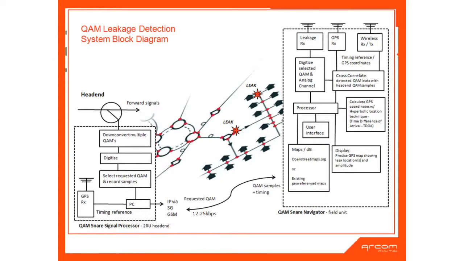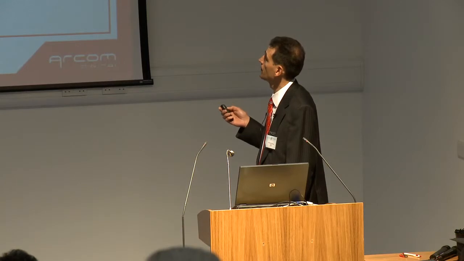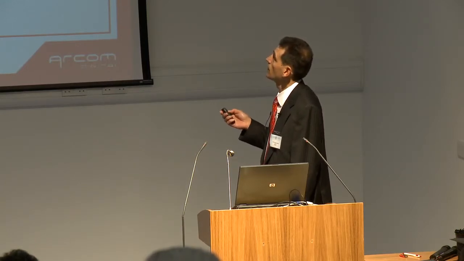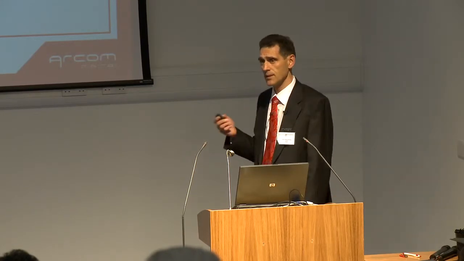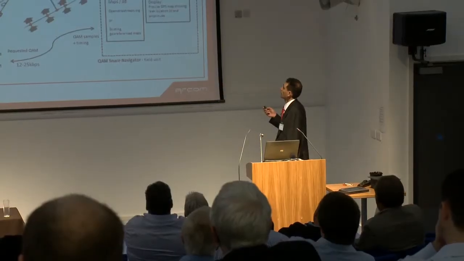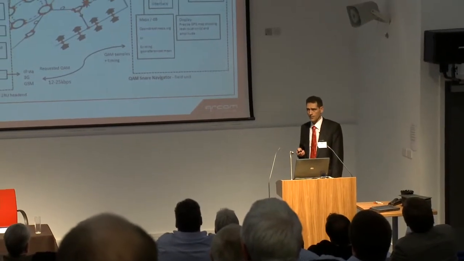The handheld device is also receiving GPS coordinates together with the GPS clock, and according to that GPS clock, it reads leakage using its antenna, where also a QAM channel is digitized and its samples are taken according to the GPS clock. All this information from the internet and from the local receiver goes into the correlator circuitry.